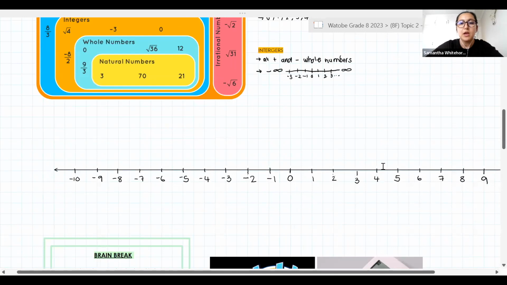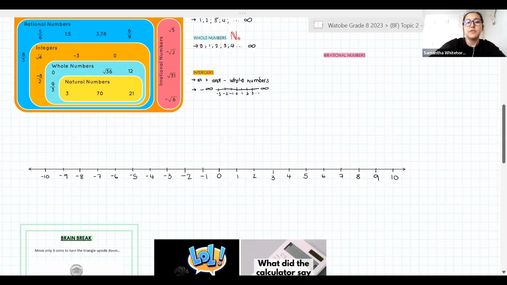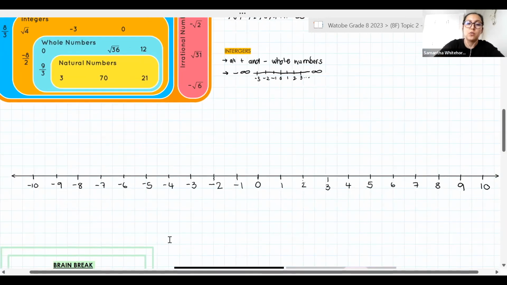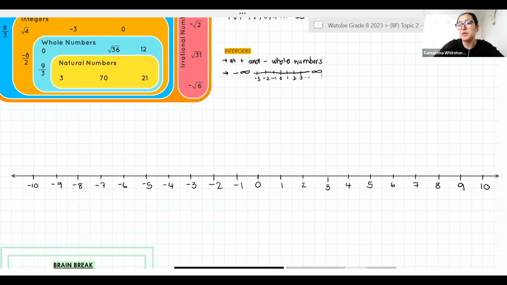We'll get there. A number line is a very important tool for us to use when working with really any type of number, but mostly whole numbers and integers and so on. Now, the reason it's very useful to us is because when we start to perform operations with these numbers, when we start to try and understand what these numbers mean for us, having a number line is actually quite useful.